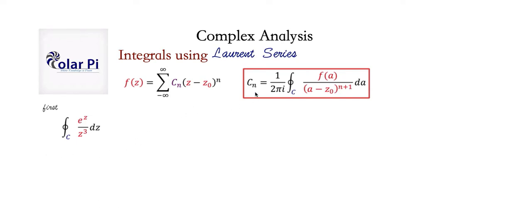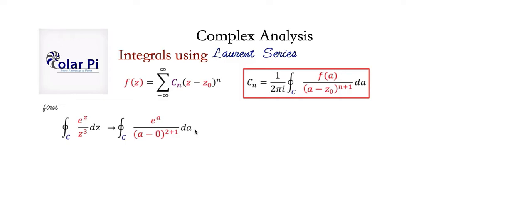Again, we will do this slowly, but first, let's just show in general why the c sub n's are important, not just the c sub -1, but the c sub n's period. First, let's make it abundantly clear that this integral looks very much like this. The fact that I switched from z to a is not important.